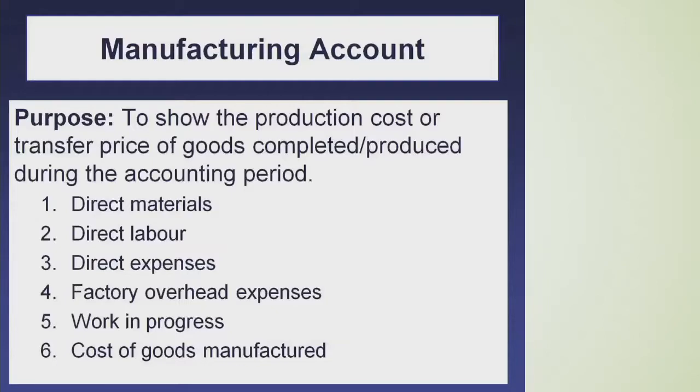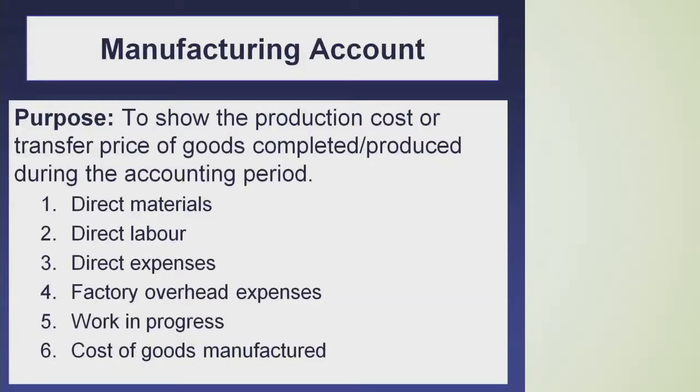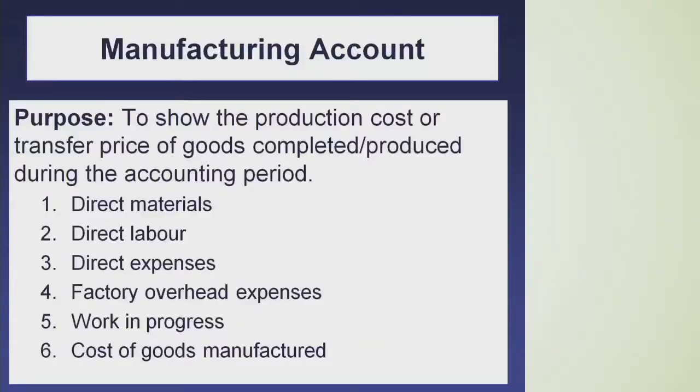Okay, direct expenses, maybe when we are going to produce this marker, we need what? We need water and electricity. All right, what else do we need as an expense? All the direct expenses that go hand in hand with the production of this marker should be recorded under direct expenses. Okay, there are factory overhead expenses.